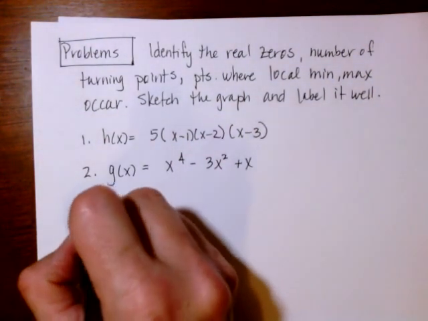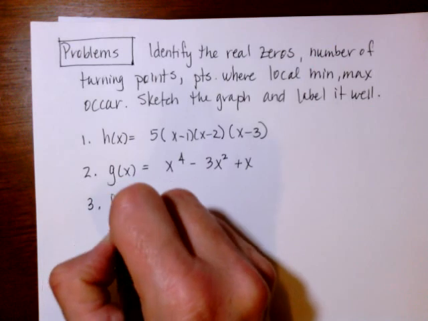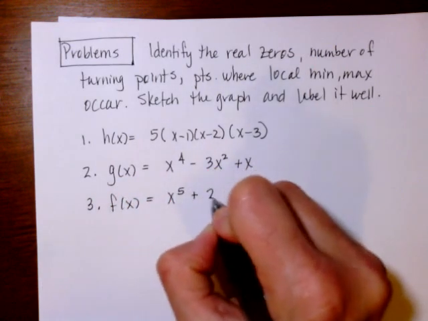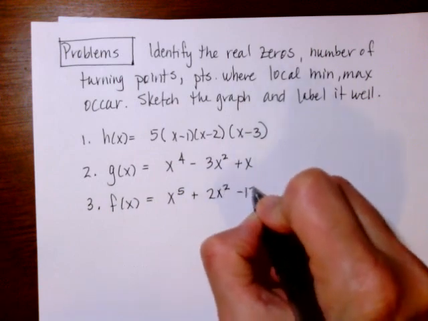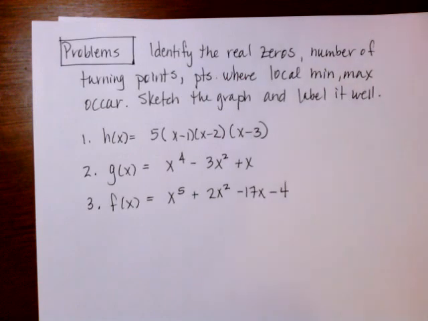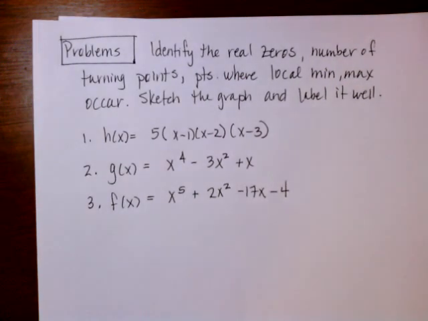And then your last one in this particular section, f of x is equal to x to the 5th plus 2x squared minus 17x minus 4. And that's actually it, you lucky dogs. So those are your 3 graphs. Identify your zeros, find the number of turning points, identify where the local mins and maxes are, and then sketch and label the graph. So good luck, have fun with your calculator, and I will see you soon.